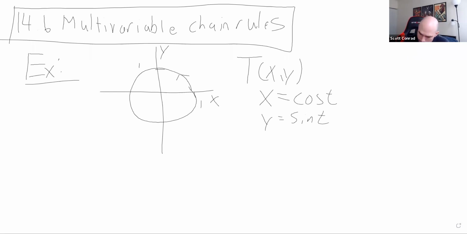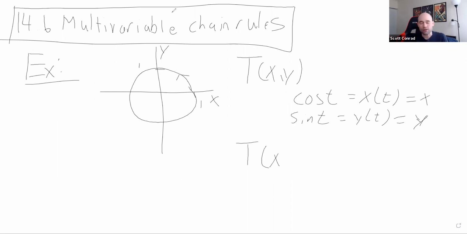So now, we'll say this is x of t. This is y of t. Let me write it like that instead. That's fine. So x and y themselves are both functions of t now.